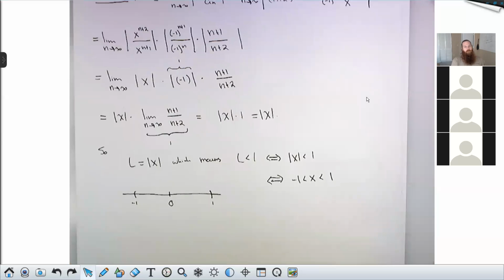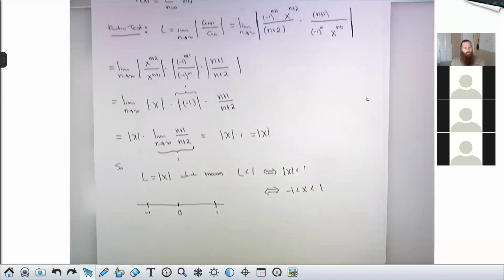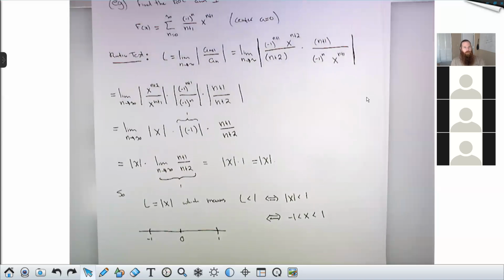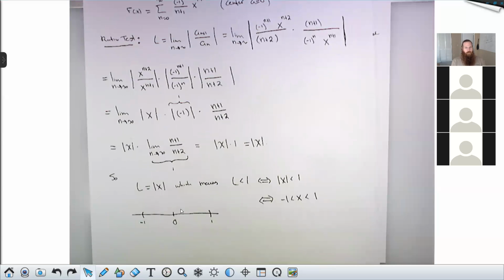So now I have an idea of what my interval looks like. But you need to think very carefully. If L is equal to the absolute value of x, then L will be strictly less than 1 only when x comes from this open interval.